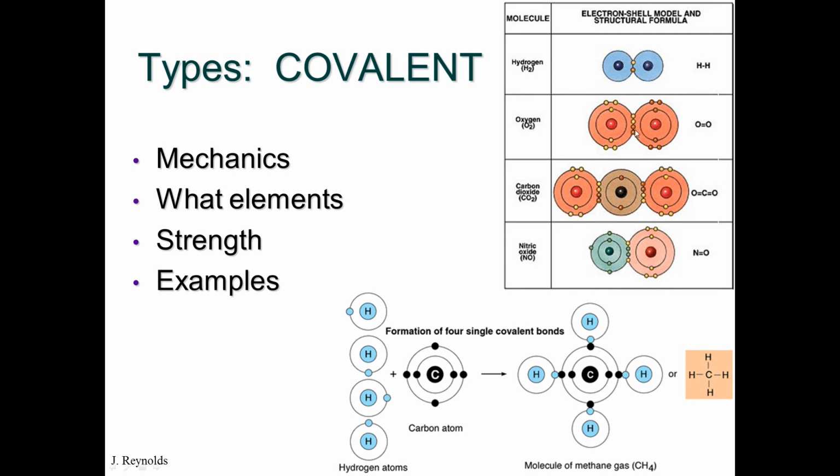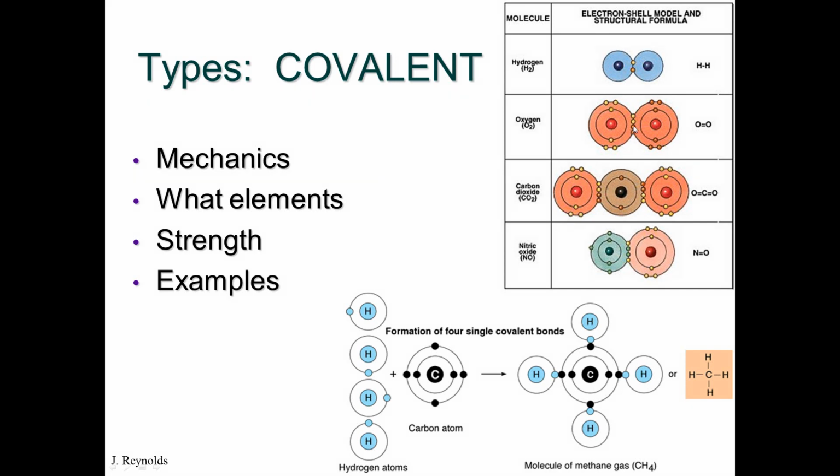So if we get 2 oxygens together, the second electron shell has 6 of its own, plus it's sharing 2 that are in the shell of this second oxygen. And the second oxygen is sharing the 2 of this first oxygen. So they're happy together, covalently bonding, pretty much equal sharing of the electrons.